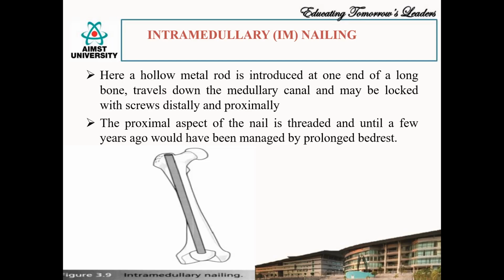One more thing is it's a preference of the surgeons whether they use screws only on the distal aspect, or proximal or distal, anywhere. Sometimes it's a fixed one. For stable fractures, they have screws in any one aspect, proximal or distal.